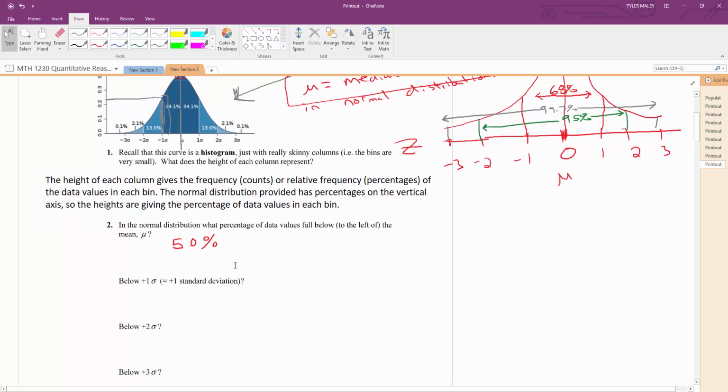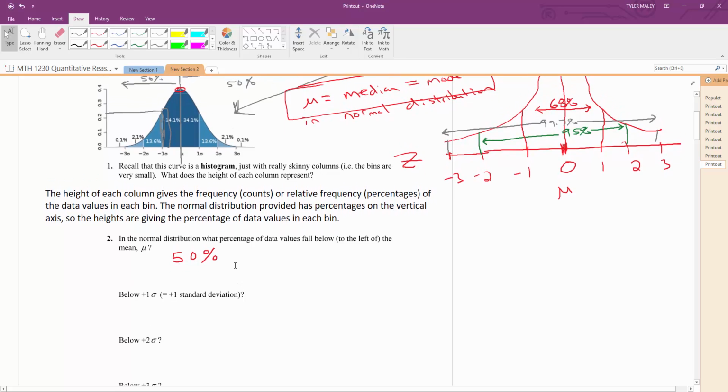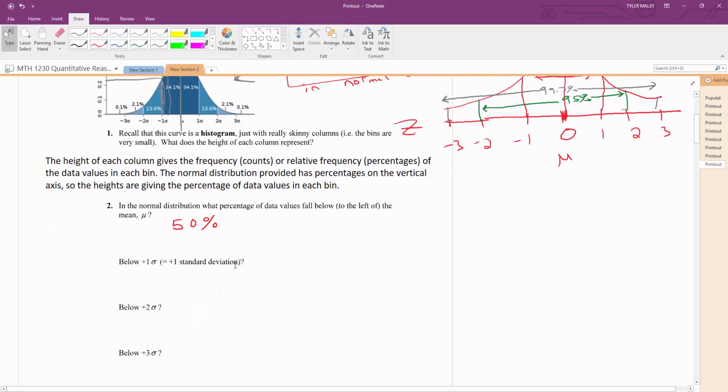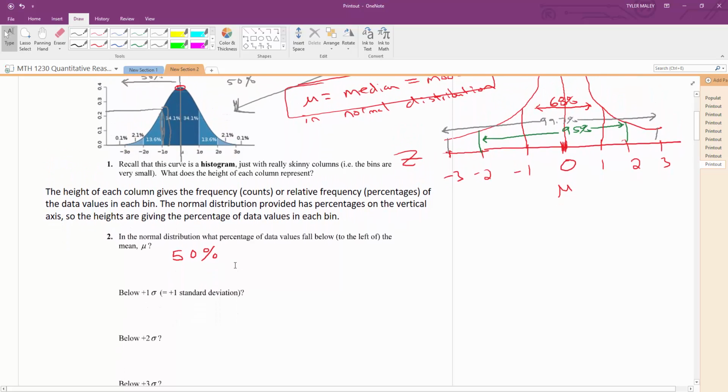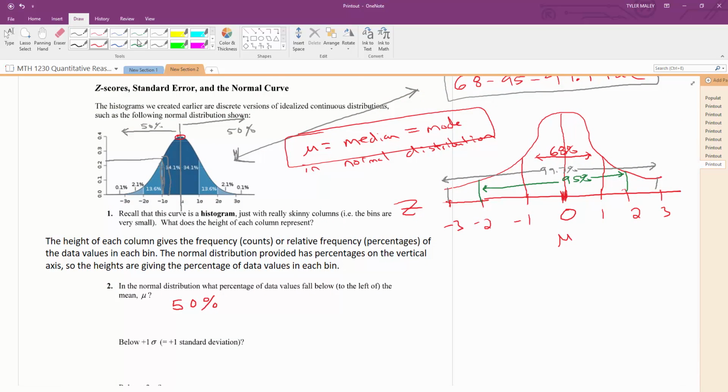The next part says how many fall below +1 standard deviation? In other words, how much of my data is here? There's a couple of ways you could do this.